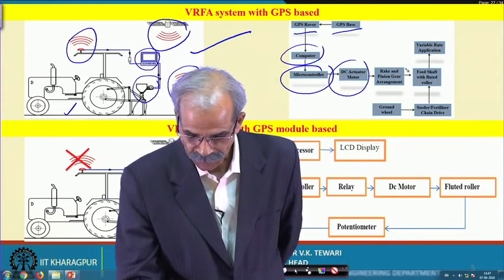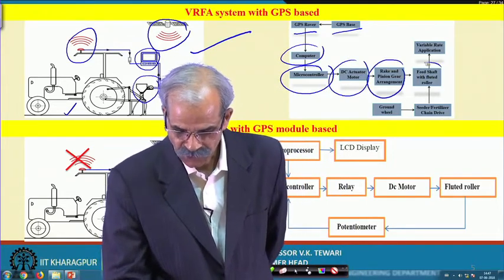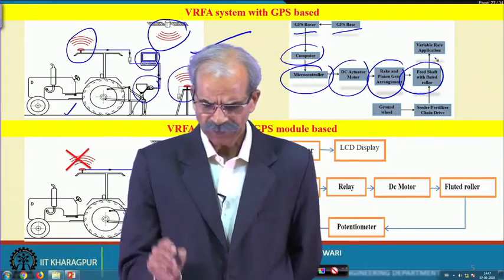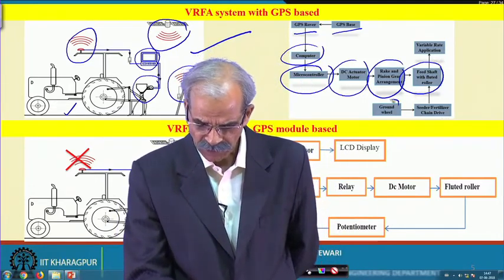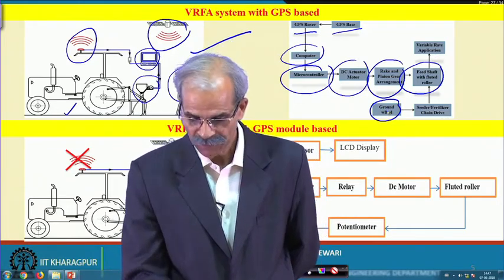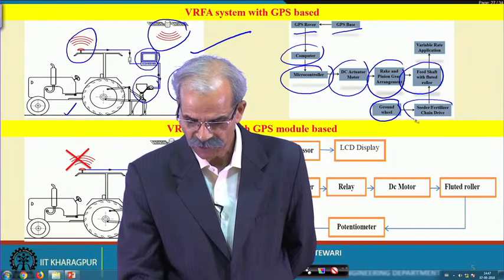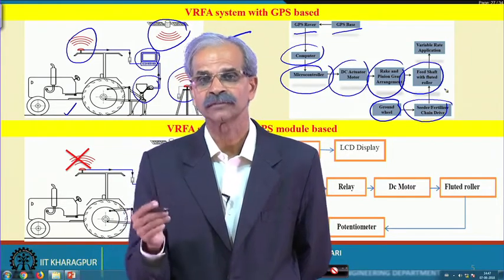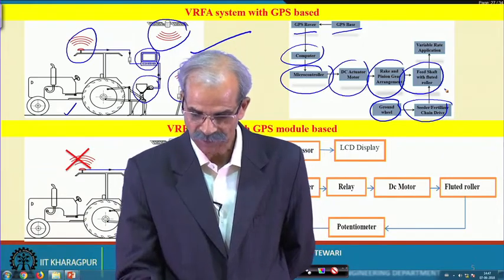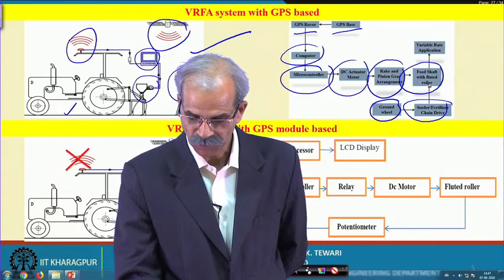The rack and pinion arrangement, the rack and pinion feed shaft with the fluted roller. Here we must see the ground wheel, because we have taken power from the ground wheel. So, when you take power from the ground wheel, seed fertilizer chain driven unit, we will talk of the details of this power transmission at a later stage. Then it goes to the feed shaft volumetric mechanism.